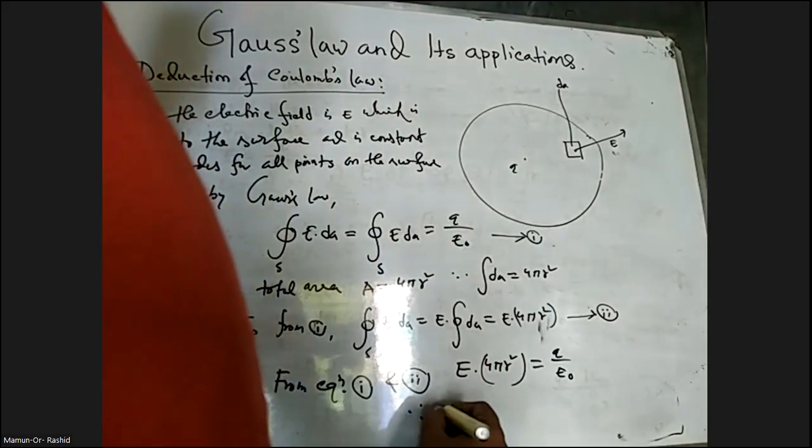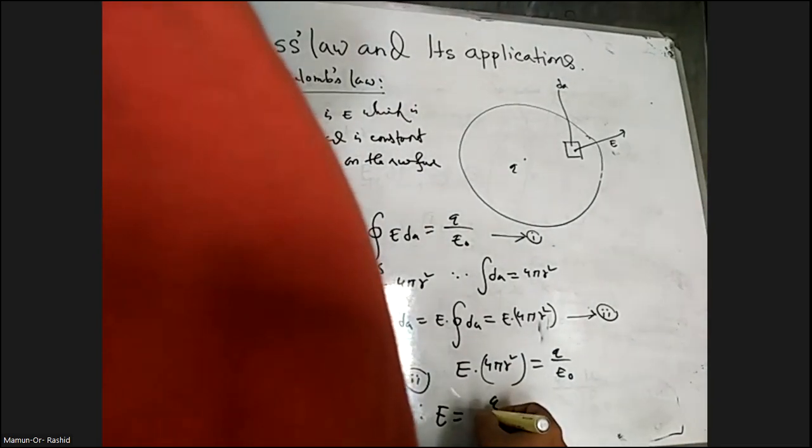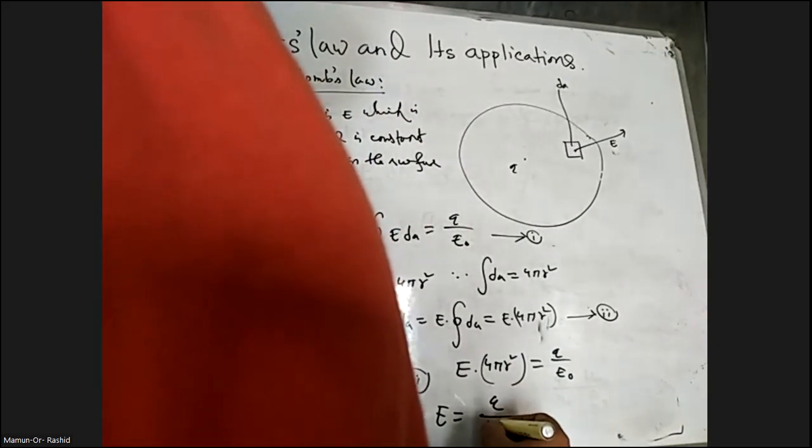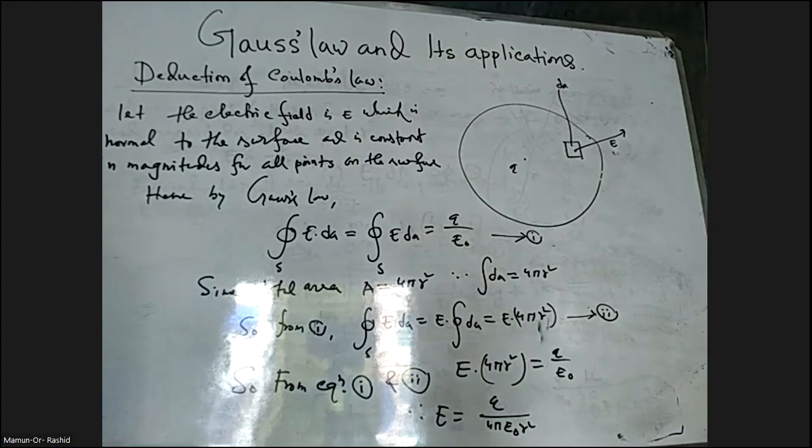So E equals what? Electric field E equals Q divided by 4 pi epsilon naught r square. And this can be written as Q divided by 4 pi epsilon naught, r vector divided by r cube.